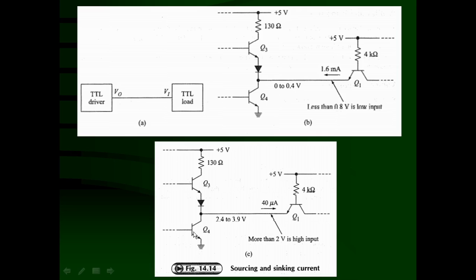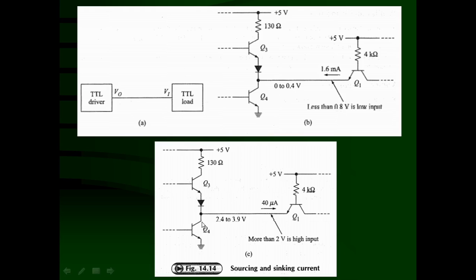When the output of this TTL driver is high, it will normally be in the range from 2.4 volt to 3.9 volt, and that output is directly connected to the input of the TTL load. The TTL load requires a minimum of 2 volt. So between 2 volt to 5 volt, it will definitely be considered a valid high state input.